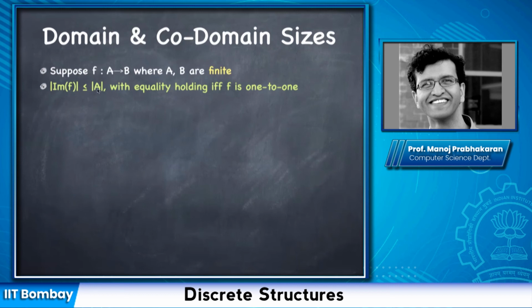When would equality hold? Equality holds if every element in the domain maps to a different element in the image. So that is a one-to-one function. If two elements in the domain map to the same element in the image, then the total size of the image is going to be strictly smaller than the size of A. So equality holds if and only if the function is one-to-one.